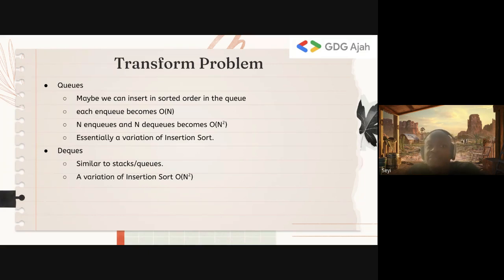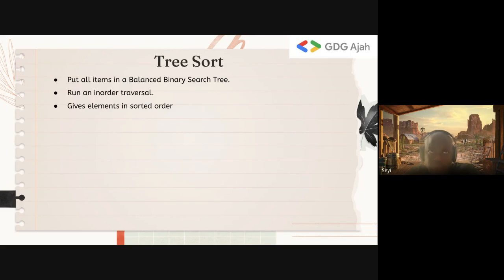But we are going to do O of n work n times, however we look at it, and it's still going to give us O of n squared. So essentially, it's a variation of insertion sort. Decks are similar to stacks and queues, so we most likely get the same result. The reason I'm going through this is just to understand the problem-solving strategies, how to approach problems.